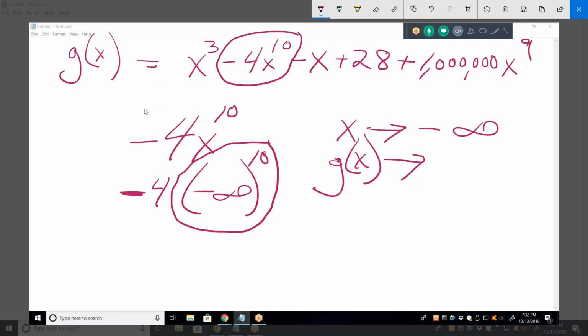Oh, so it's just negative infinity always. In other words, this negative sign here is not being taken to the 10th power. The 10th power only applies to that x. Doesn't even apply to the 4. So it stays negative infinity. Now, what happens when x goes to positive infinity? What does g of x do?